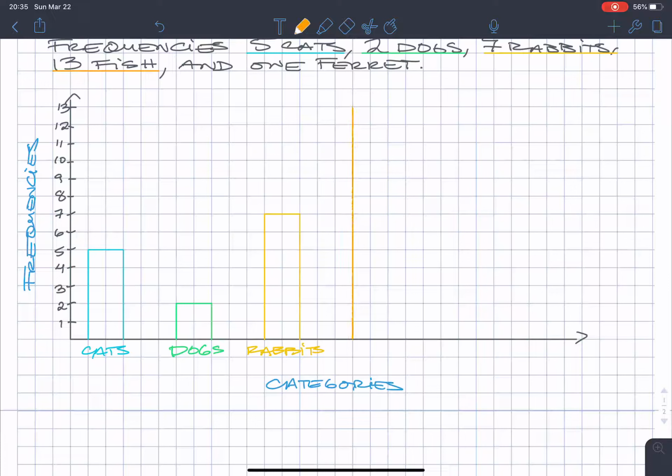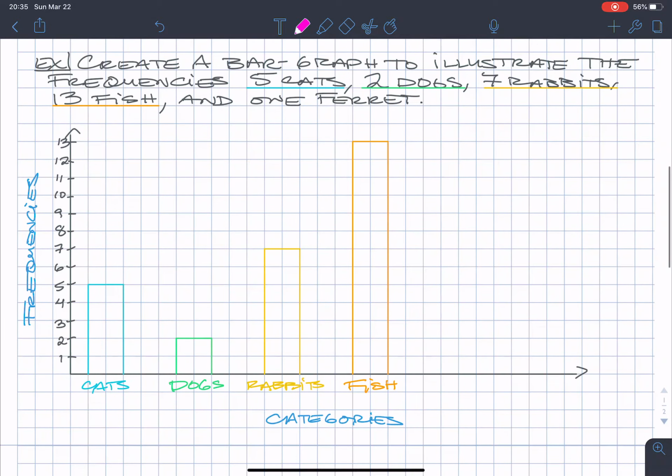So now my box will be 13 units high. So this is fish. And finally, I just have a single ferret, right? 1 ferret in hot pink. So this is a bar graph. It has categories on the horizontal and frequencies on the vertical.